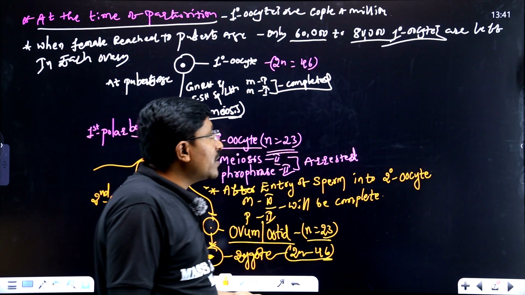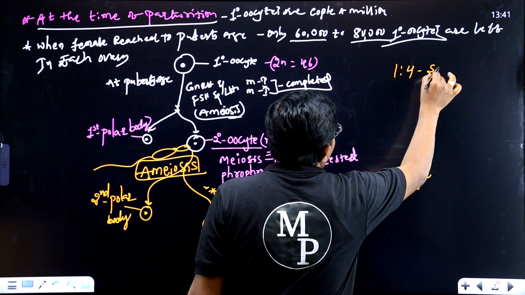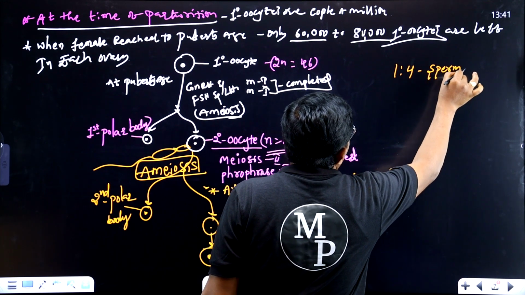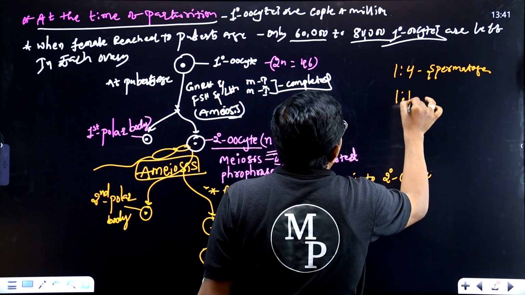Spermatogenesis is a 1:4 ratio, and oogenesis is a 1:1 ratio.